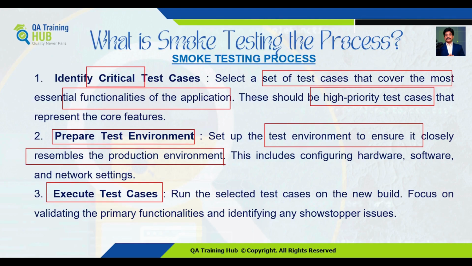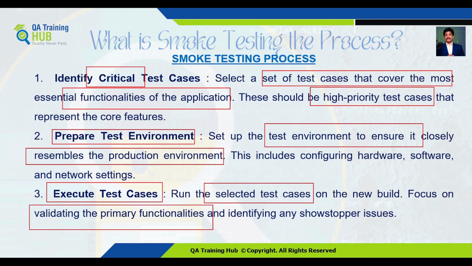And we execute the selected test cases on the selected environment on every new build, focusing on validating the primary, major and basic functionalities, and identifying any showstopper issues. What is the meaning of showstopper issues? An issue which gives a problem accessing the application is called a showstopper.